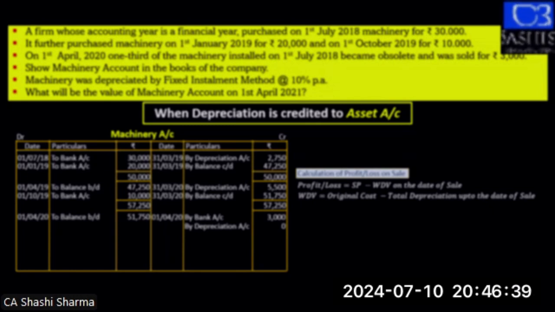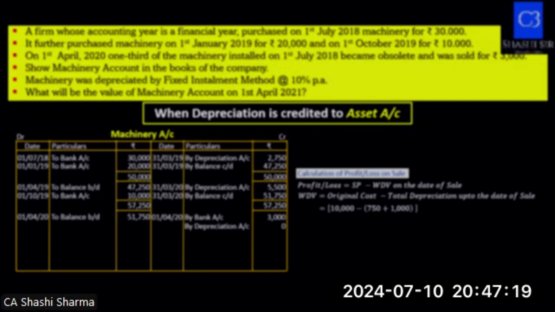So for calculating WDV, we have to calculate the total depreciation from the very beginning to the date of sale, and that too on the machinery which has been sold. So here the calculation goes: 10,000 was the original cost of the machine.